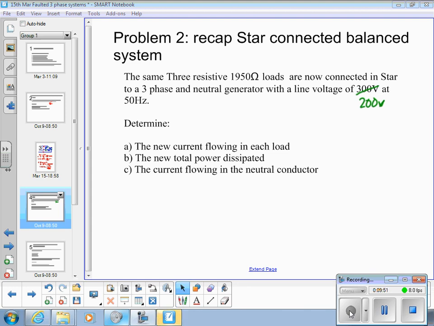With those resistors reconnected in star with a neutral, calculate the new current flowing in each load, the new total power generated, and the current flowing in the neutral conductor.